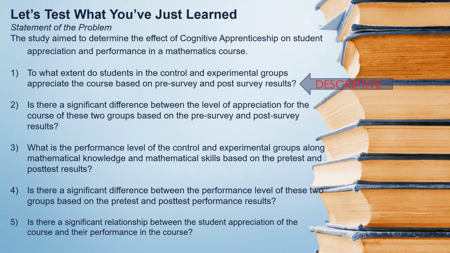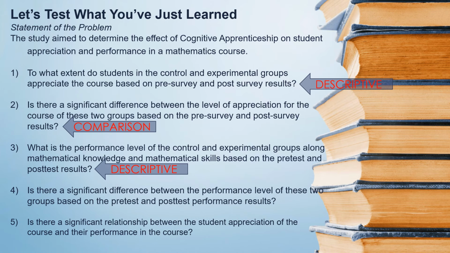The first one is of course descriptive. It can be answered by ranked categories such as to a little extent, to some extent, or to a great extent. The second one is a comparison question, differentiating the extent of appreciation of the control and experimental group. The third one is descriptive.